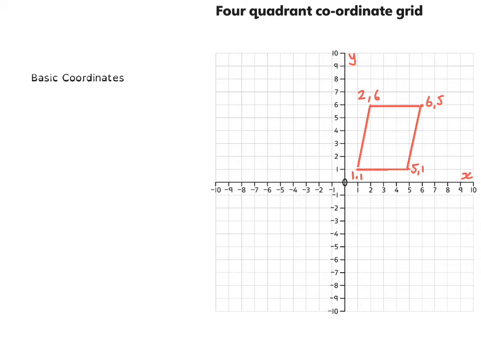So if I just change to a more interesting colour, like green, this is the x value, because that's how far it is along the x-axis, and this one is the y value, because that's how far it is up the y-axis. And we are going to do a fascinating and interesting activity here, and it's called translation.